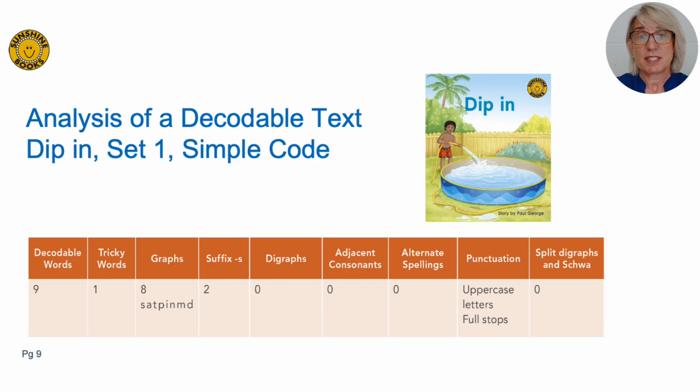We've got the suffix S twice in the book, that was that verb suffix. We have no digraphs, no adjacent consonants, or alternate spellings. We've got uppercase letters, full stops, and then the commas on that page where it was tip, tip, tip.